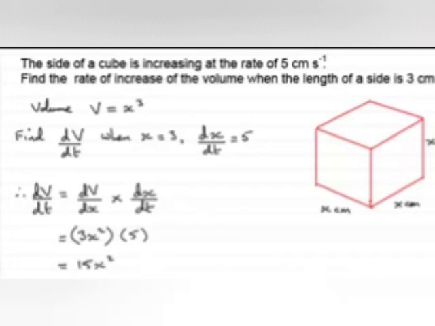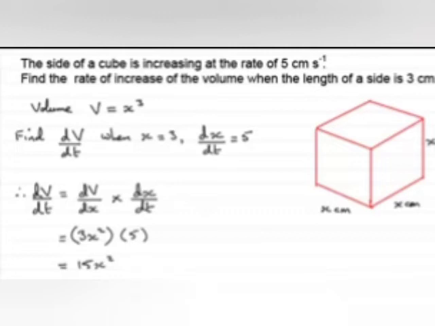We have obtained our answer partially as 15x raised to power 2. So the next step now is to substitute 3 so that we can actually get dv/dt. That's our specific answer.